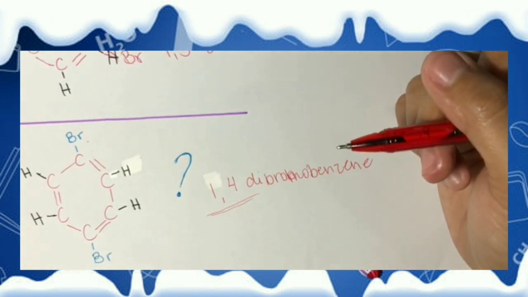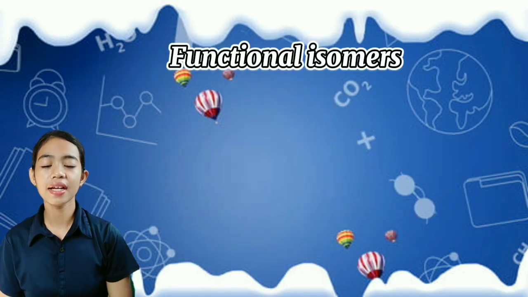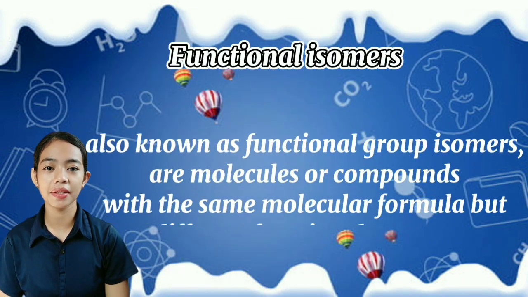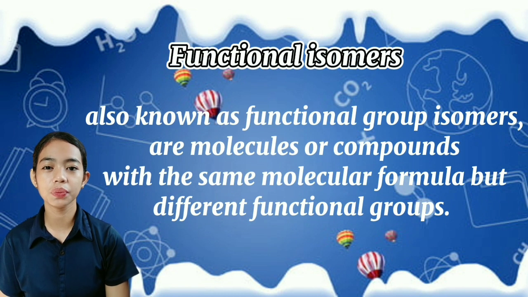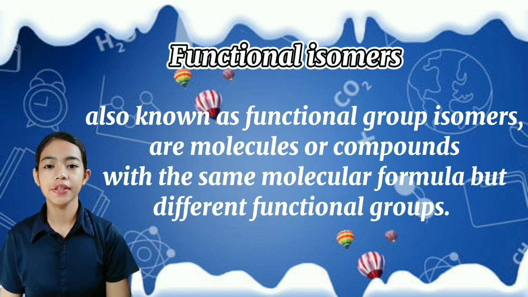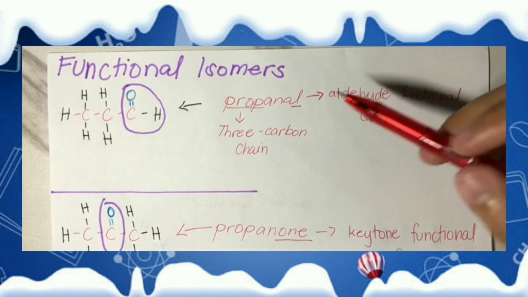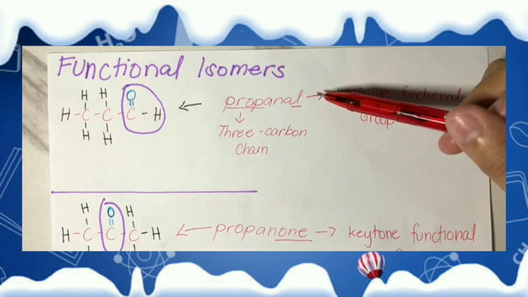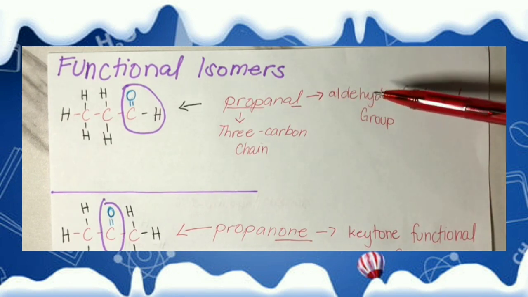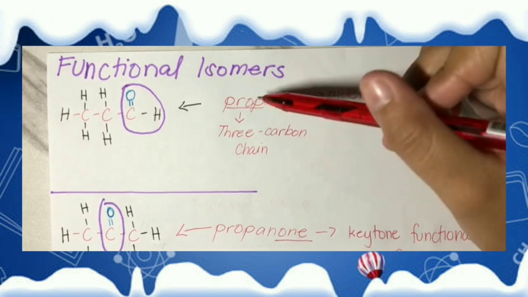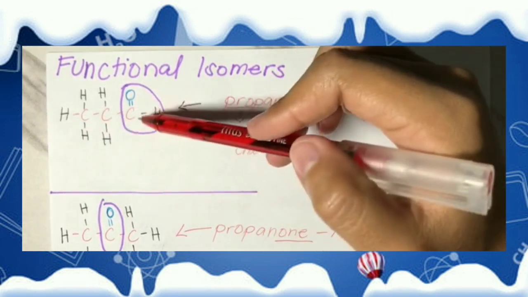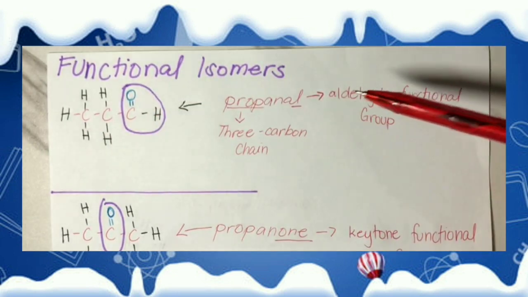The 1,4-dibromobenzene. Functional isomers, also known as functional group isomers, are molecules or compounds with the same molecular formula but different functional groups. Here is an example of two functional isomers. The first molecule is propanal. The al is indicating that there is an aldehyde functional group on this 3 carbon chain indicated by prop.